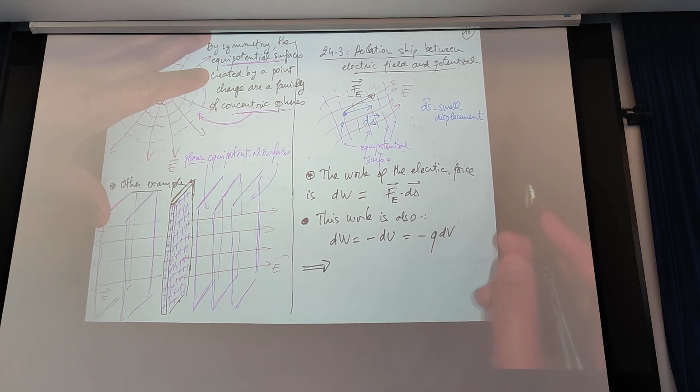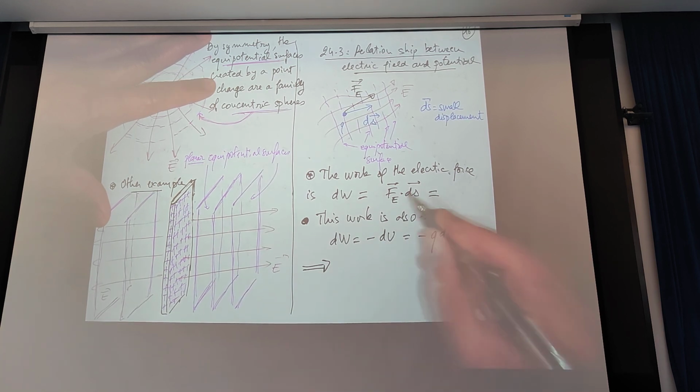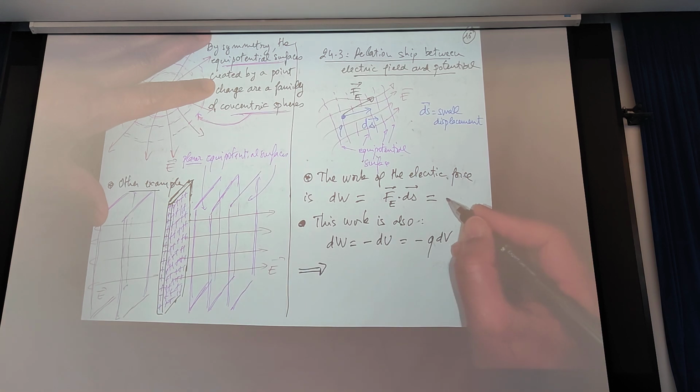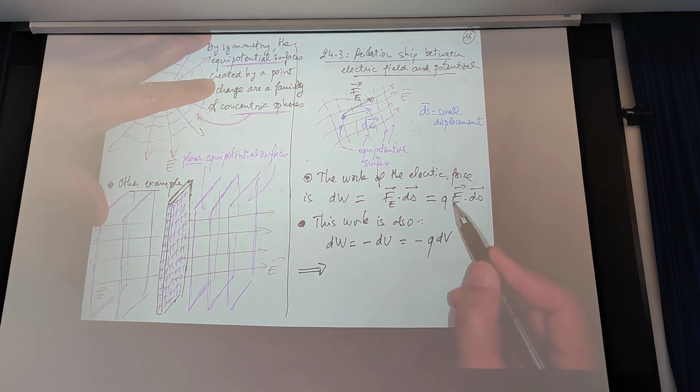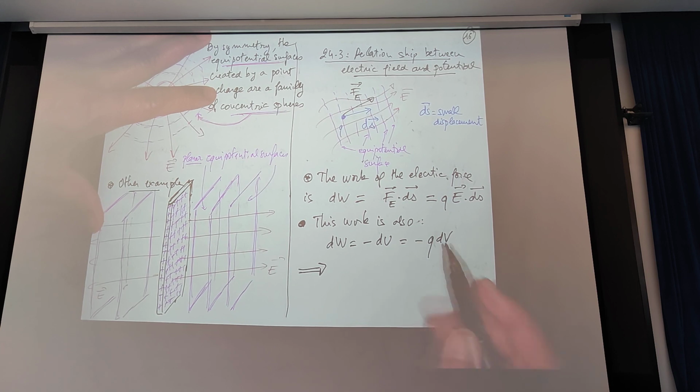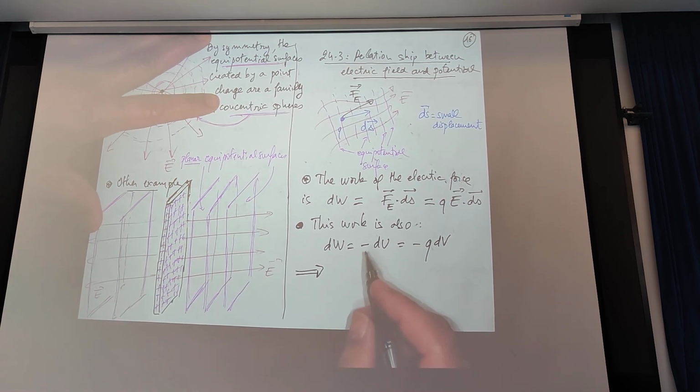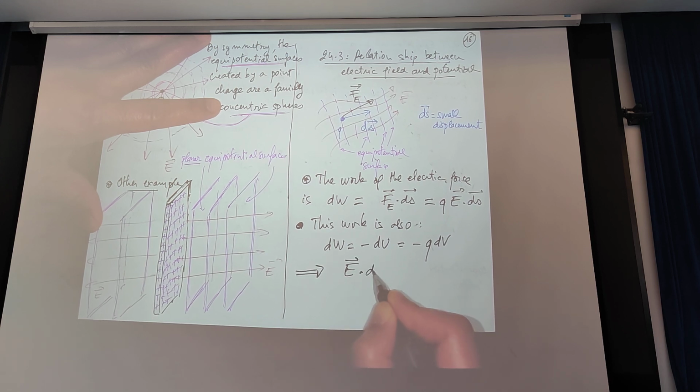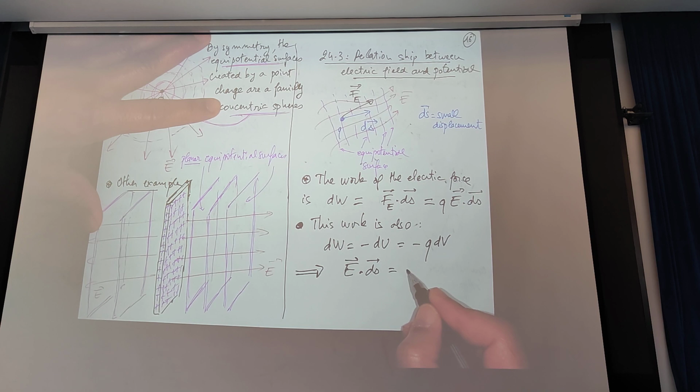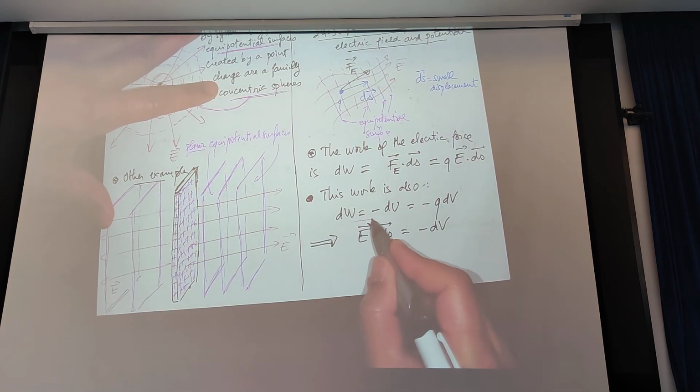The relationship, of course, I didn't mention, but the electric force is equal to the electric field times Q. So we have E dot ds equal minus dV. So this is the first relationship.